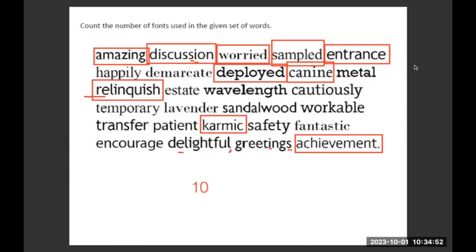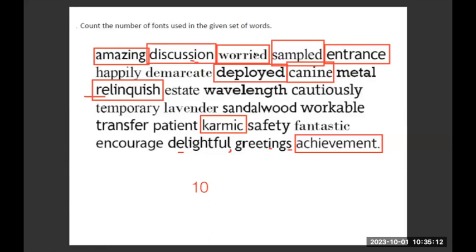Lavender, fantastic, and demarcate. Lavender, demarcate, and fantastic. Yeah, but Tisha, lavender, demarcate, and fantastic, they are similar to this one, worried.